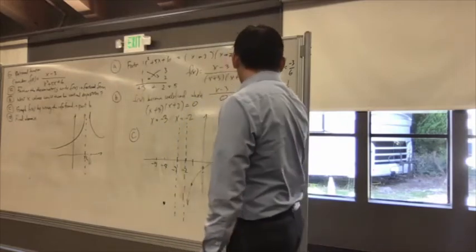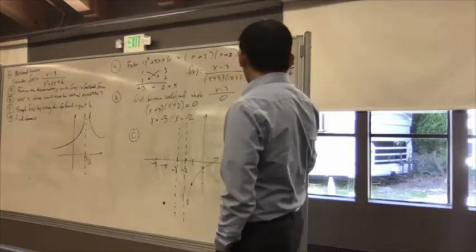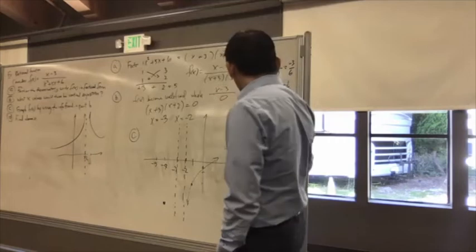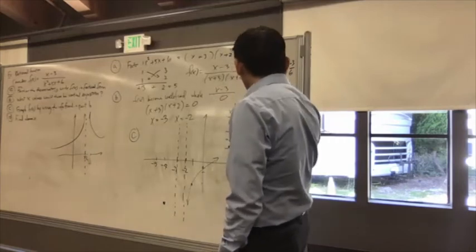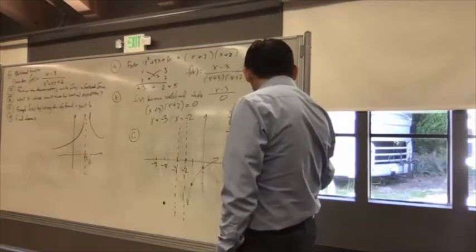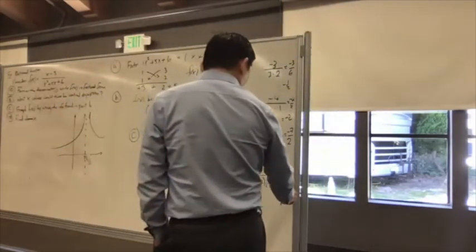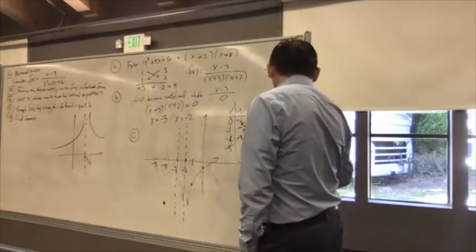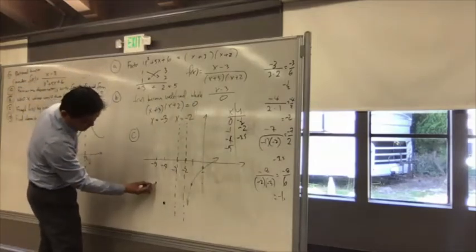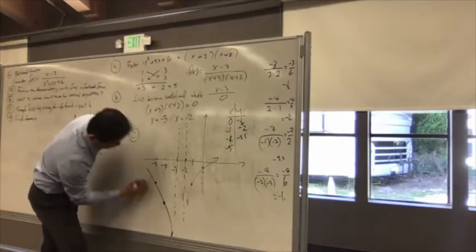So negative 5: negative 5 minus 3 gives negative 8 on the top, negative 5 plus 3 is negative 2, negative 5 plus 2 is negative 3, so you get negative 8 over 6, which is negative 1 point something. So this point is right here, and the asymptote is right there, so it must go like this.